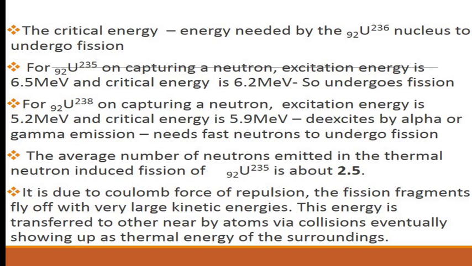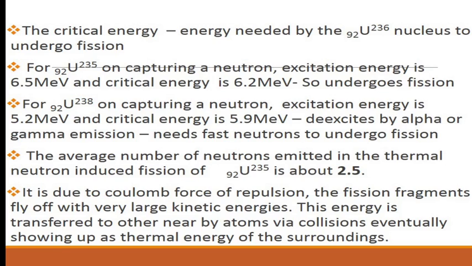So for uranium 92 235, on capturing a neutron, it gets an excitation energy of 6.5 MeV from a neutron. But it needs only a critical energy of 6.2 MeV. So what happens?